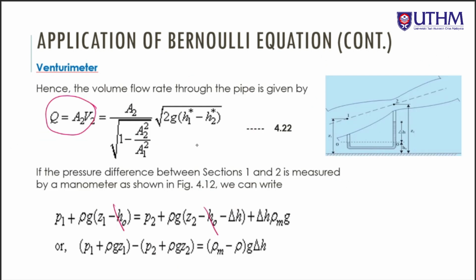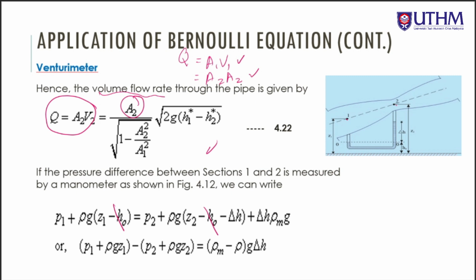Alright. So tak kisahlah bila kita kata volume flow rate, kita buat Q sama dengan A1V1 ataupun A2V2, sama je. So kalau kita nak guna yang ni pun tak ada masalah, cumanya dekat sini the example shows at section 2.